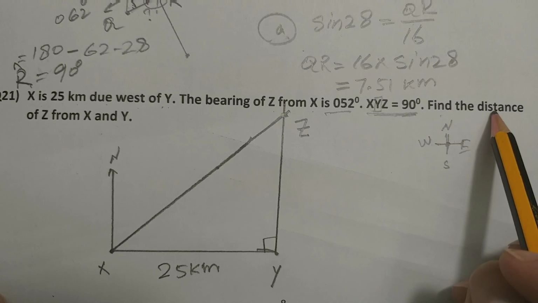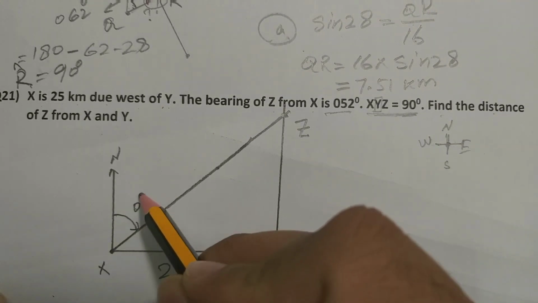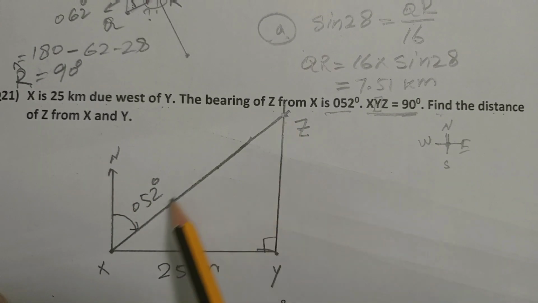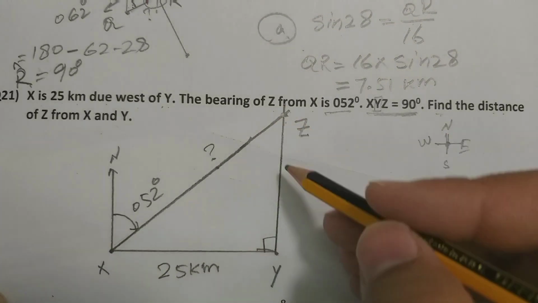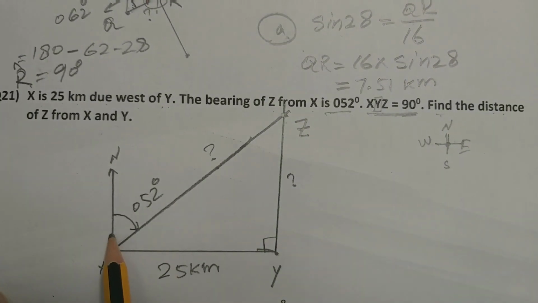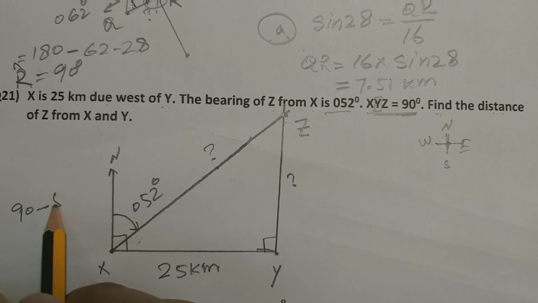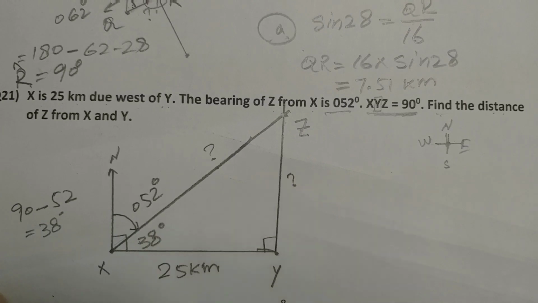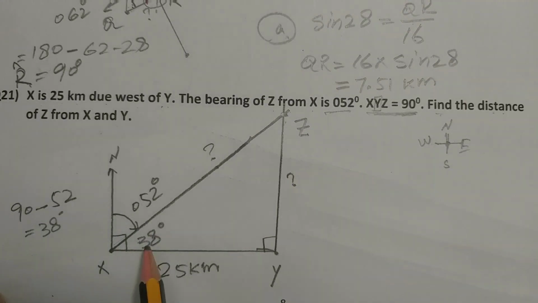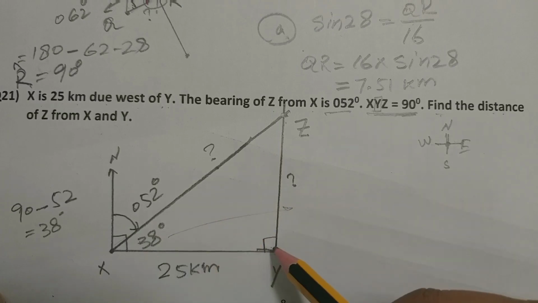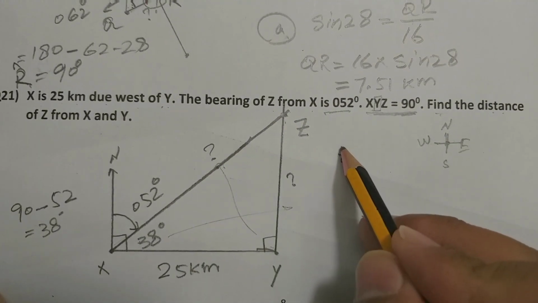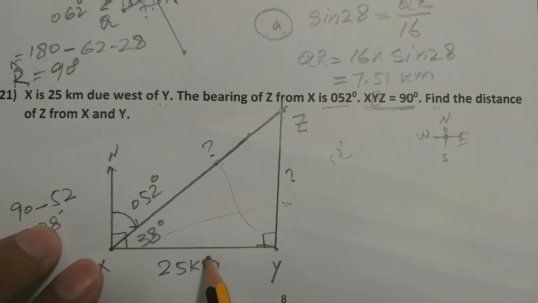He said find the distance. This is given how much? 52 degrees. So find the distance of Z from X and from Y. We need to find these two distances. So we know that this is a right angle, so 90 minus 52 is equal to 38. So this angle is 38 degrees. We are given this side, and according to this it is the opposite, and because it's a right angle triangle, this side is the hypotenuse. In the first part, with opposite and adjacent, we use tan.